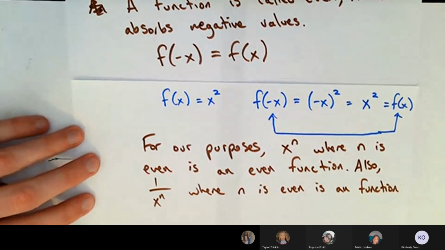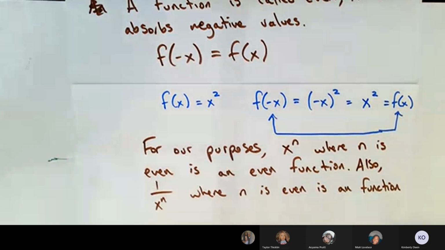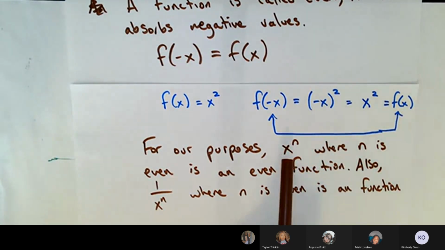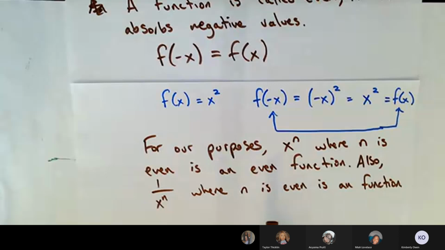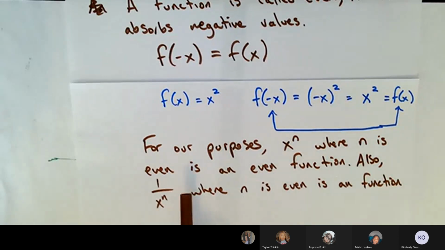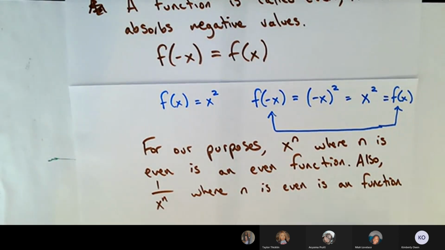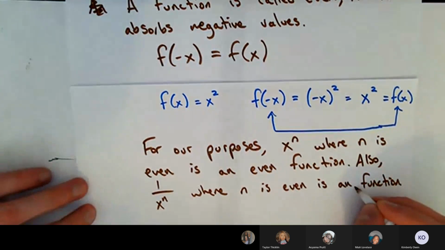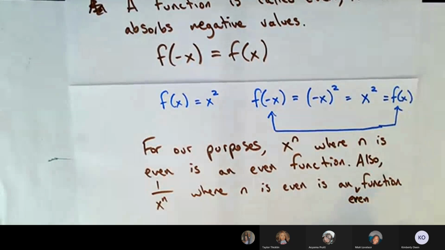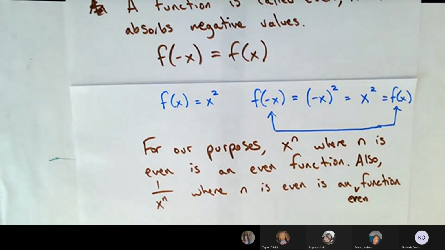Now, I can't extend this to the root functions because I can't stuff negatives into an even root function to begin with, so they don't obey this rule. But the power functions, x to the n where n is even, and 1 over x to the n where n is even, are both even functions.